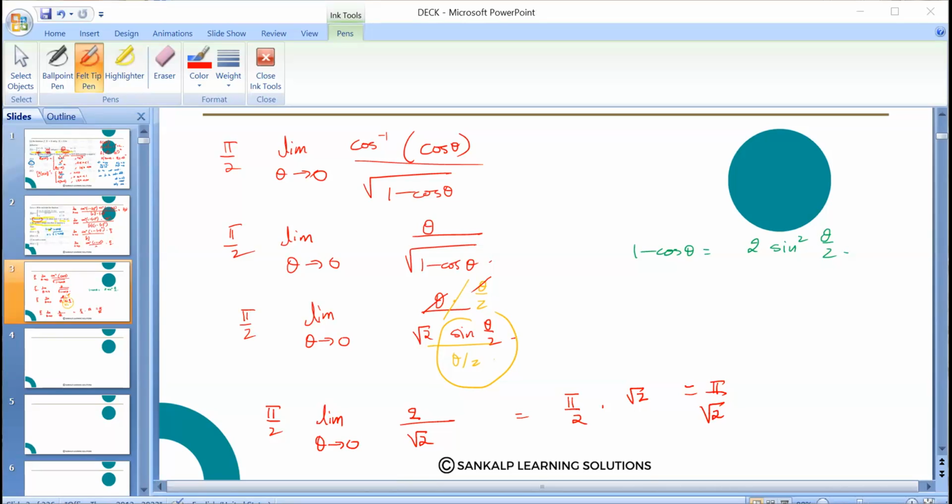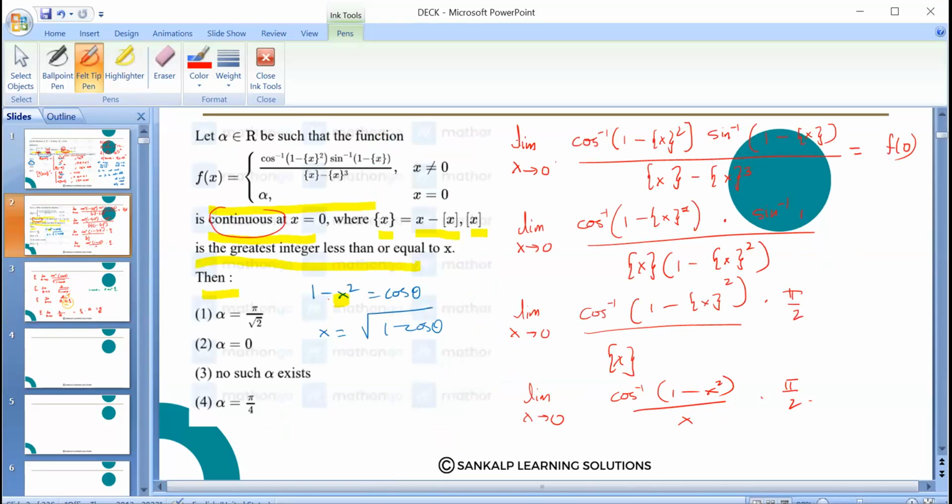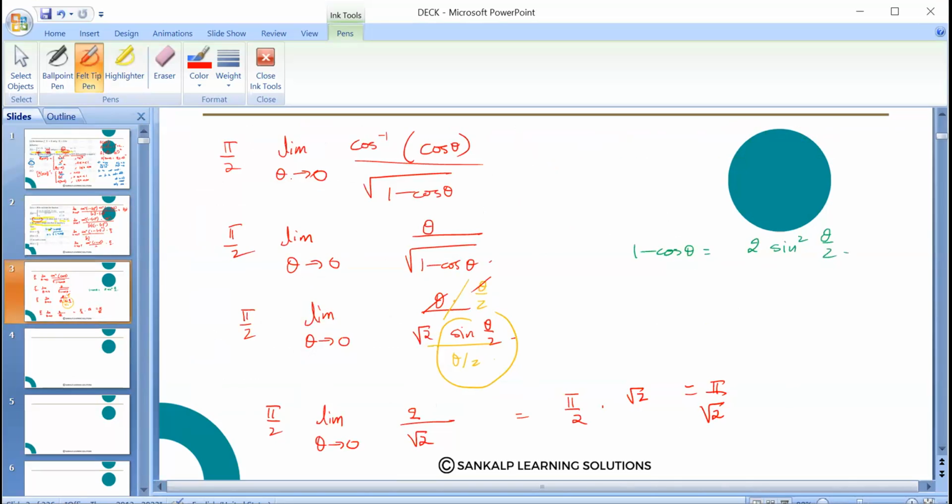This is what we have. But this is when x approaches 0 from the right side. So we got the right limit.